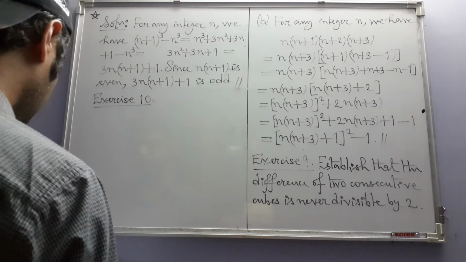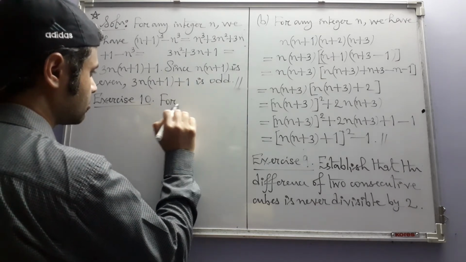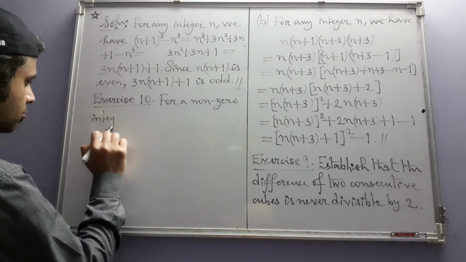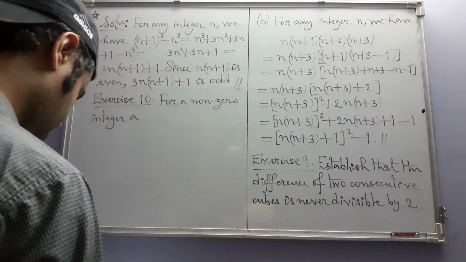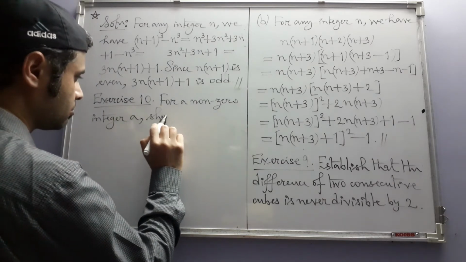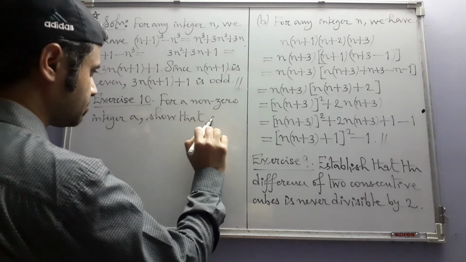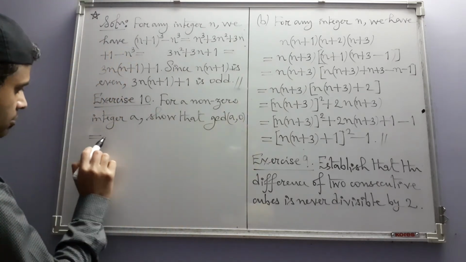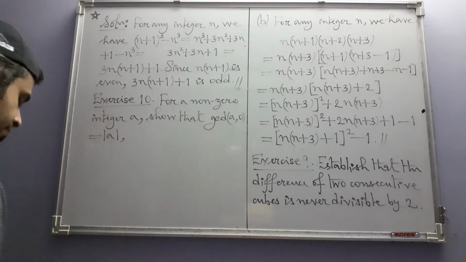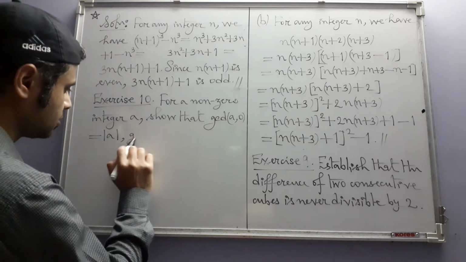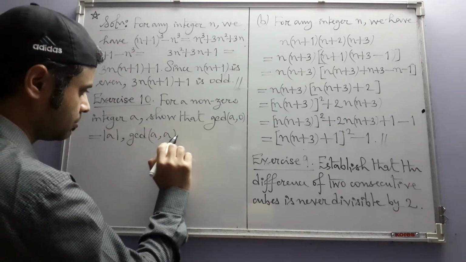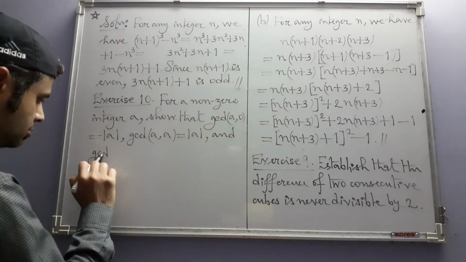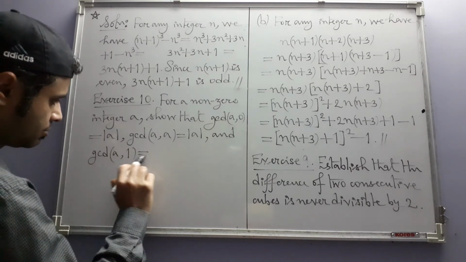For a non-zero integer a, show that the greatest common divisor of a and 0 is the absolute value of a, then the greatest common divisor of a and a is also the absolute value of a, and the GCD of a and 1 is 1.